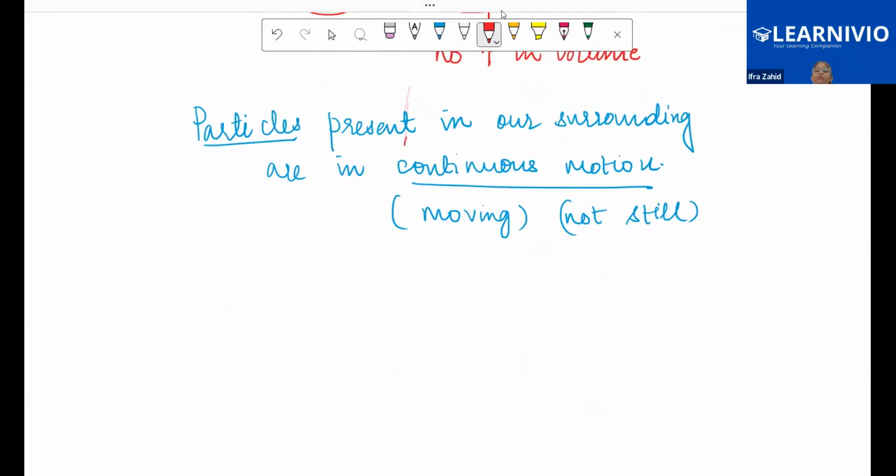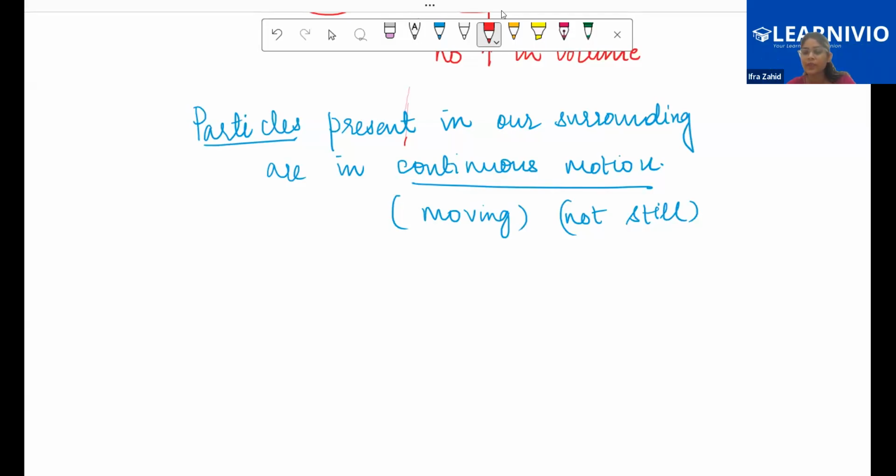That is the property of fluidity. Correct. Water has this fluid consistency. That is why it's in a moving state. But that's not what we mean here. We mean that particles in our surroundings are moving. Water is fluid, so it keeps moving. It's not still. But what about the particles in the surroundings?